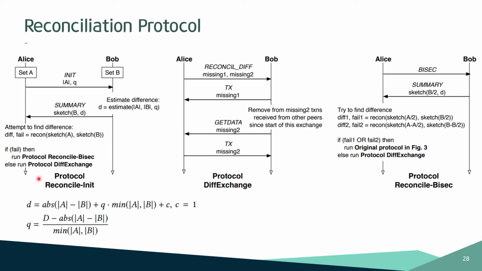If reconciliation failed due to incorrect prediction of this D value, Alice sends bisect messages to do the protocol reconcile bisect.